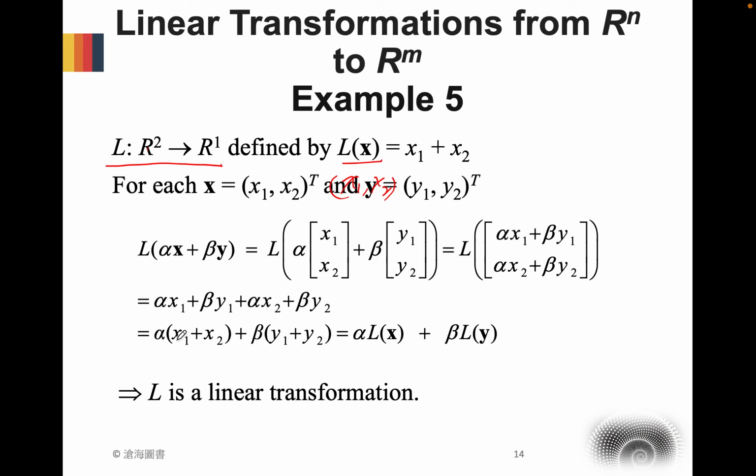Alpha times x1 plus x2 plus beta times y1 plus y2. And luckily, x1 plus x2 is equal to Lx, y1 plus y2 is equal to Ly. So again, this mapping from R2 to R1 is also a linear transformation. Right? Very interesting.